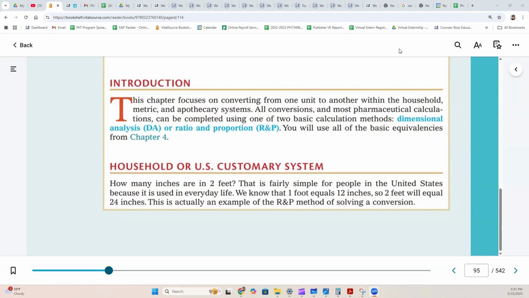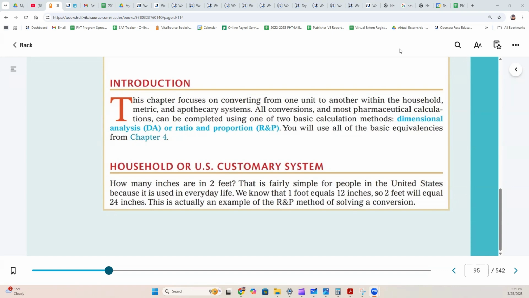This chapter focuses on converting from one unit to another within the household, metric, and apothecary systems. All conversions and most pharmaceutical calculations can be completed using one of two basic calculation methods, dimensional analysis or ratio and proportion. So you can get the answer either way.